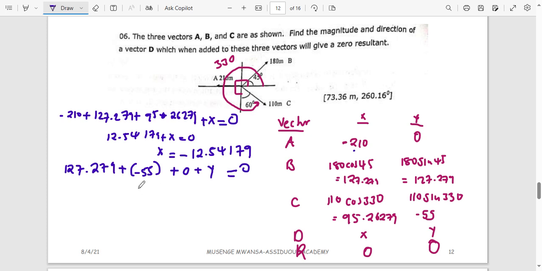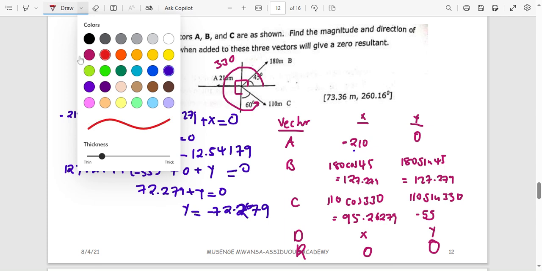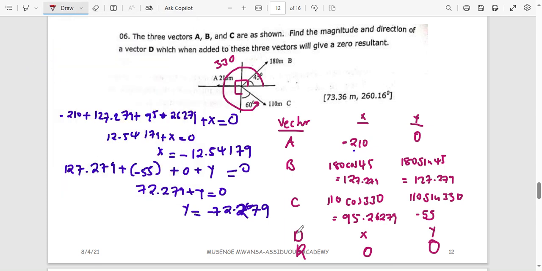That has given me 72.279 plus y, equal to 0. So y therefore is going to be, just take this number to the other side, negative 72.279. So we have found the x component and the y component for our vector D.